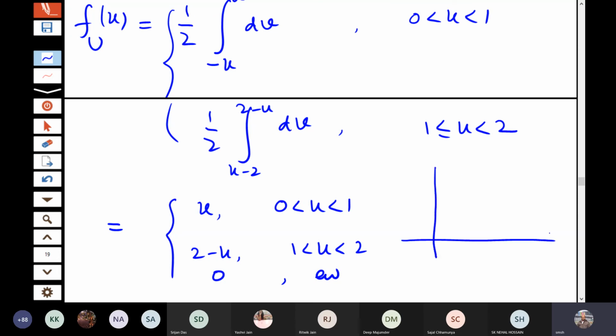Okay, if you plot it, how will it look? From 0 to 1 it is u, and from 1 to 2 it is 2 minus u. It's a triangular distribution. Is this clear? The marginal distribution of u?